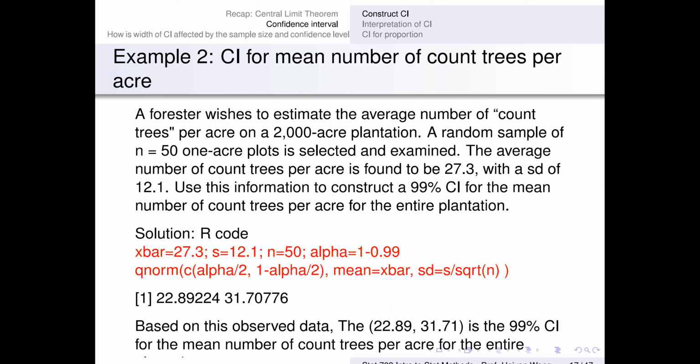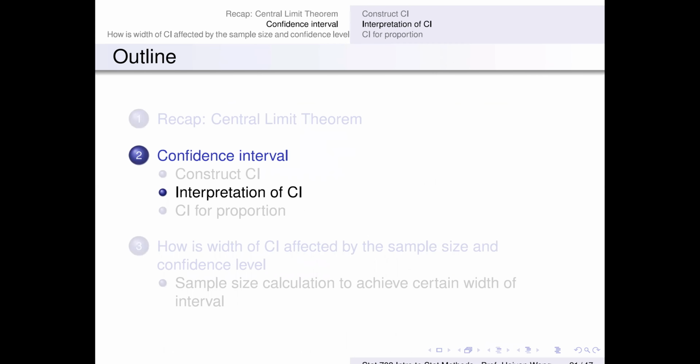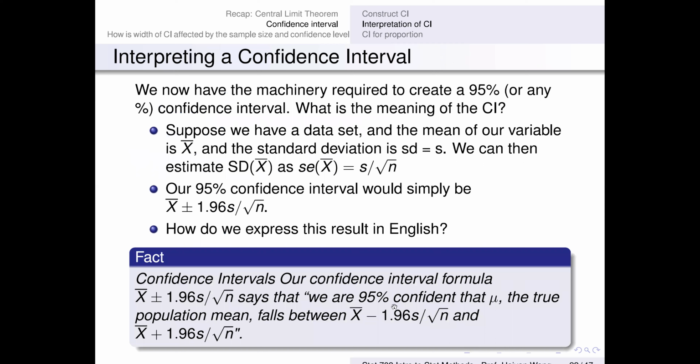With a single interval and the X bar already computed, this interval would either contain the true mean or not contain the true mean. There's no more probability associated with that interval. So an interval has probability only when we have the X bar being random and changing from one sample to the next sample. So when we say 95%, it's really talking about a large number of such intervals.